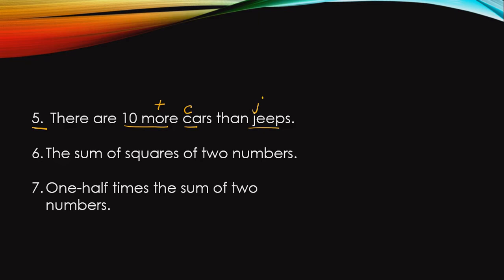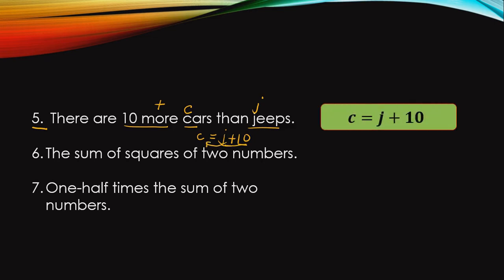This would become C equals J plus 10. Why? Because it says there are 10 more cars than jeeps, so we add 10 to the jeeps to get the value of cars. That is our equation.